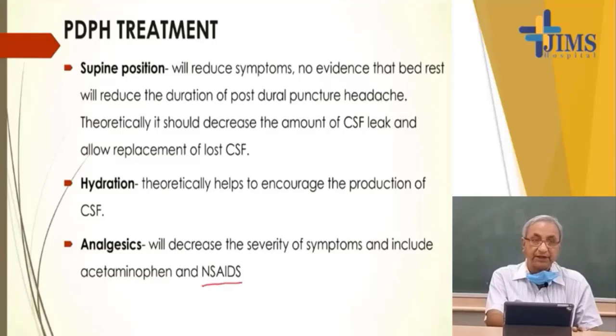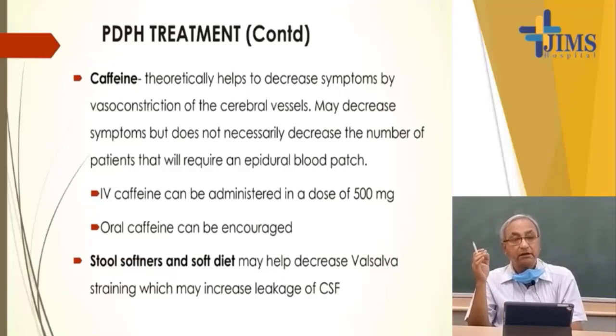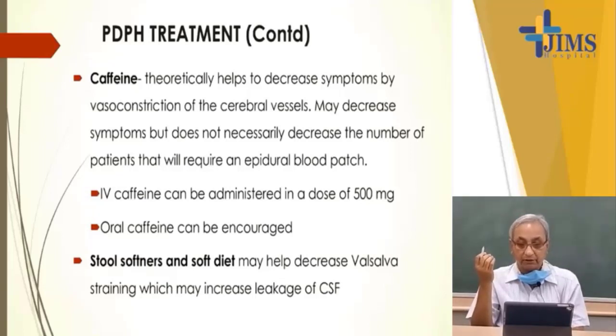NSAIDs may or may not be given because the patient eats less and there is a chance of gastritis. Caffeine, coffee, is a vasoconstrictor. It may be given, and in some cases caffeine works.